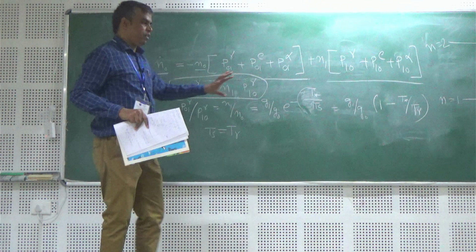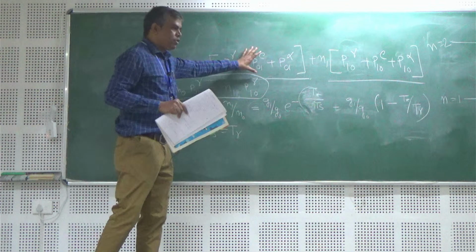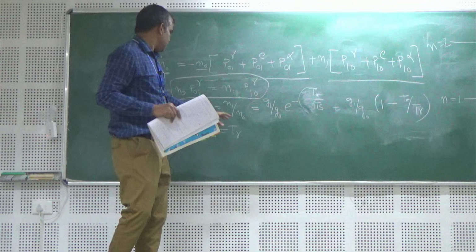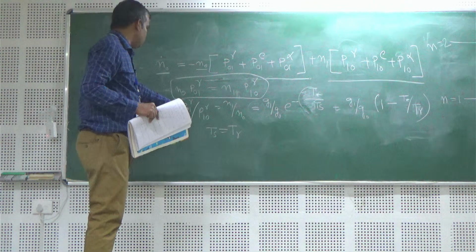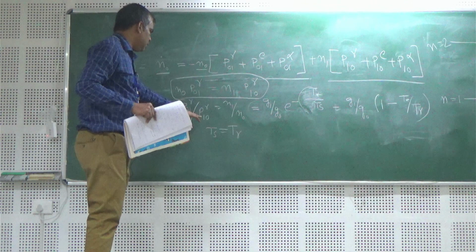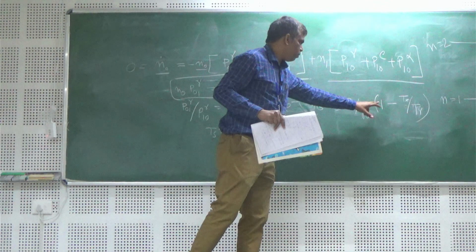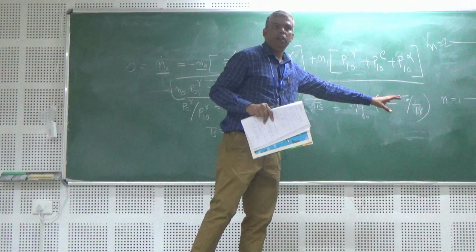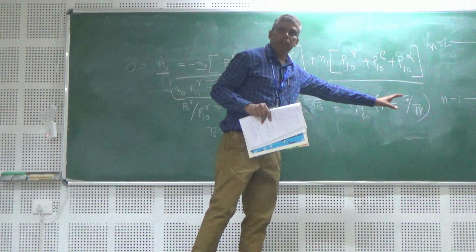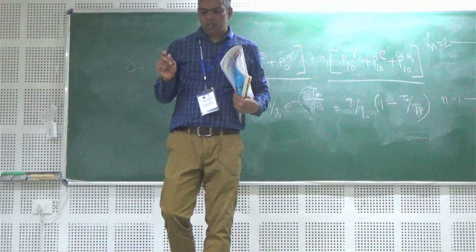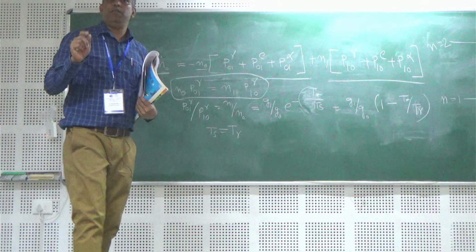Similarly, when collisional coupling is the only process, in that case, I can write P01C by P10C is equal to G1 by G0 times 1 minus T star by TK, right? Because for the collisional process, the characteristic temperature is the kinetic temperature.